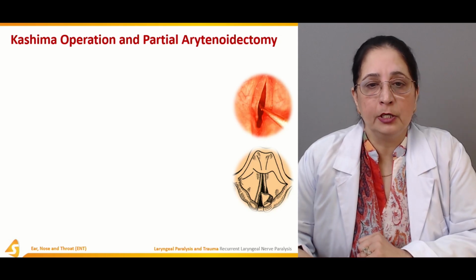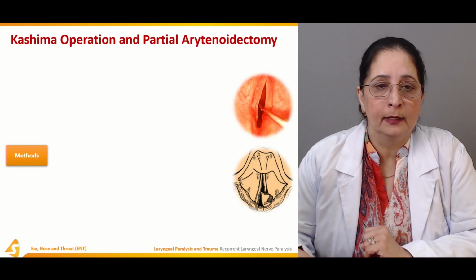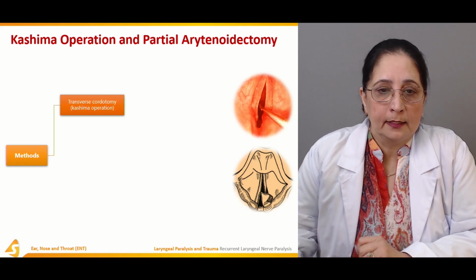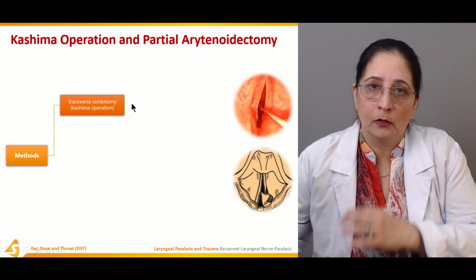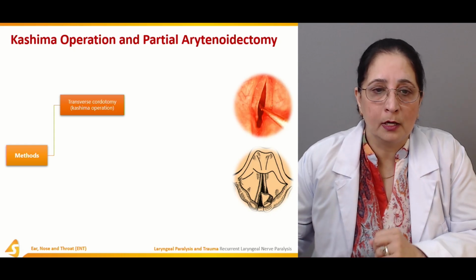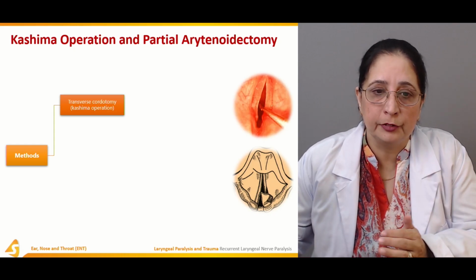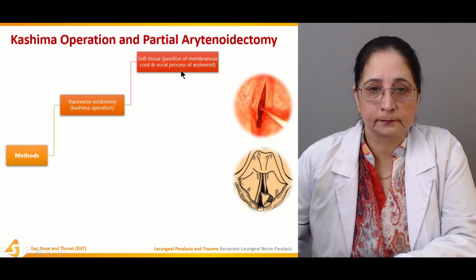Kashima operation and partial arytenoidectomy. Methods are transverse chordotomy. Chordotomy is opening of the vocal cord in the transverse position, that's the Kashima operation.